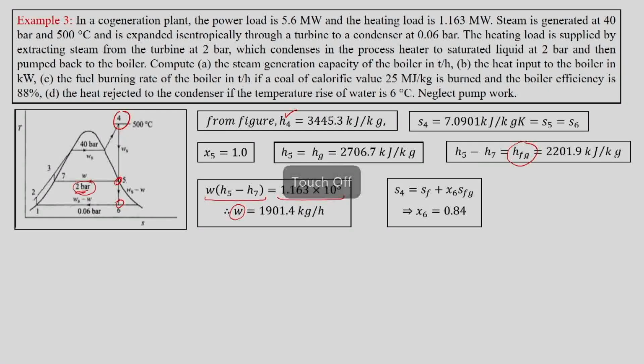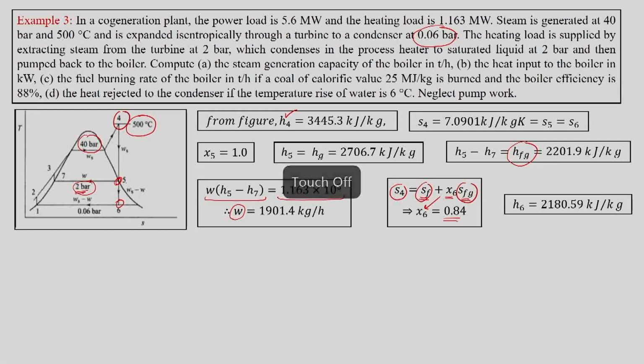Then we can find out S4 is equal to SF plus X6 into SFG, and this SF is corresponding to 0.06 bar, SFG is also at 0.06 bar, S4 is known to us corresponding to 40 bar and 500 degrees Celsius. So, we can find out X6, and that is 0.84.